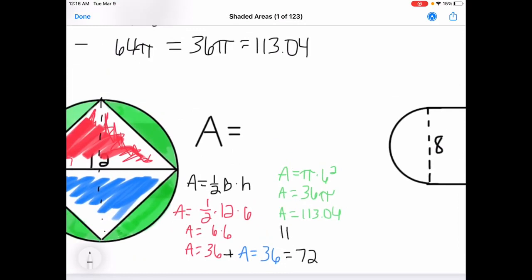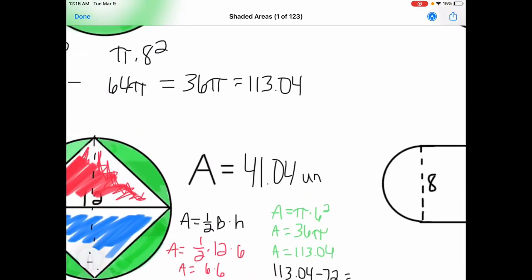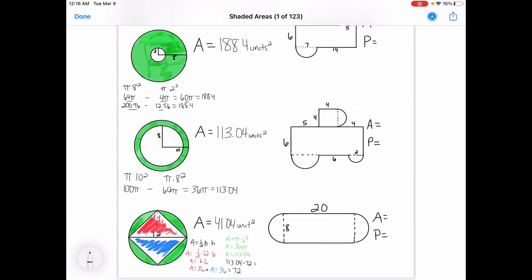So then 113.04 minus 72 is 41.04. So the area of the shaded part is 41.04 square units.